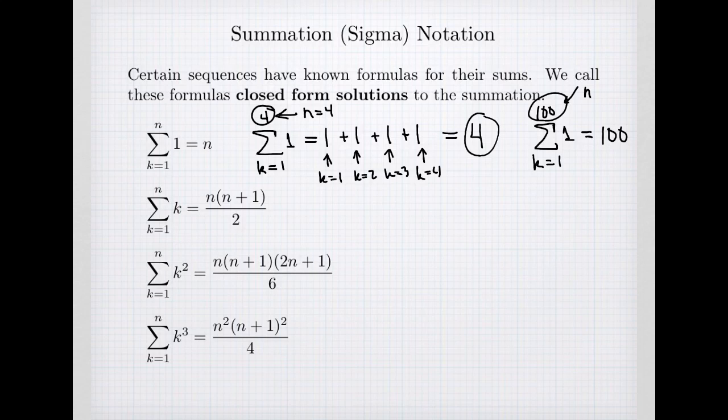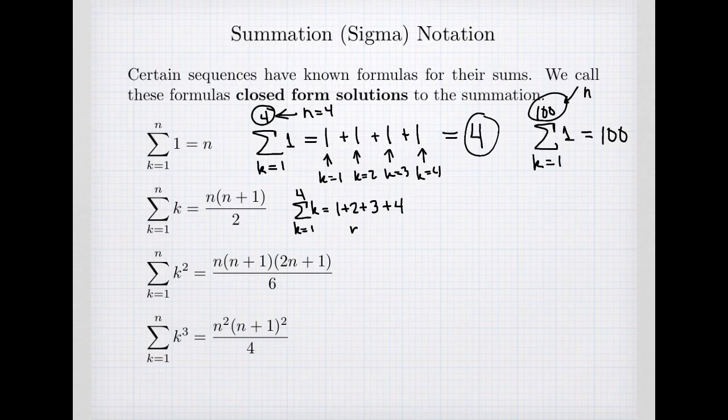Well, there are other formulas as well. The second one that you need to know is when you're adding the index variable itself. So for example, let's do again n equals 4. K goes from 1 to 4 of k. This is the sequence of k equals 1, k equals 2, k equals 3, and k equals 4.